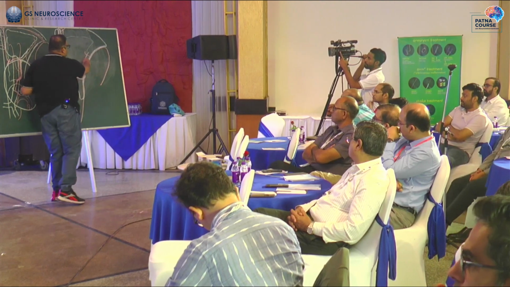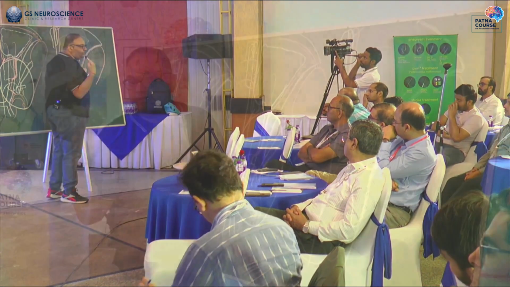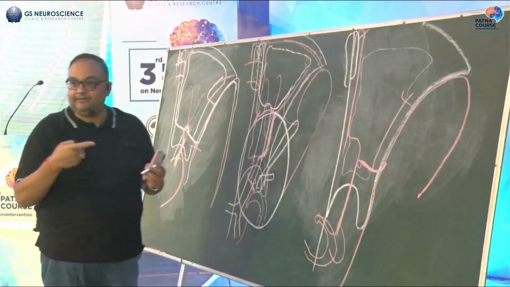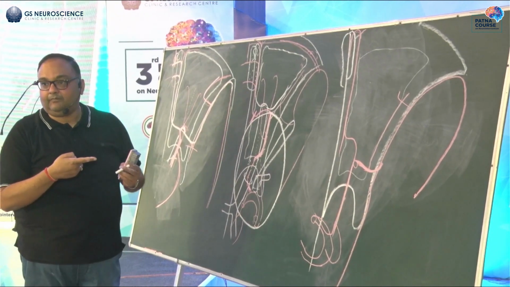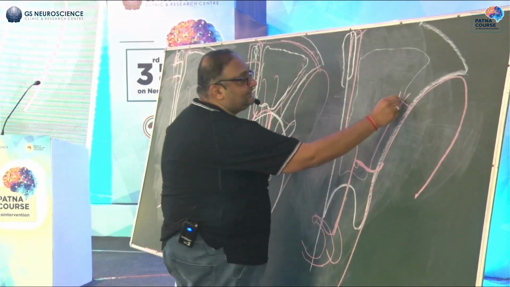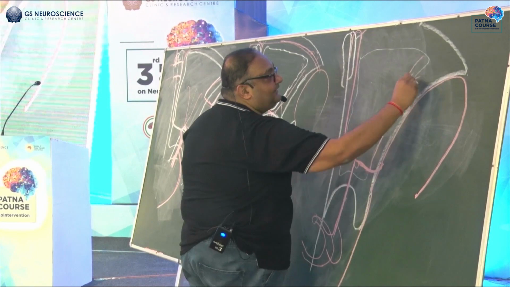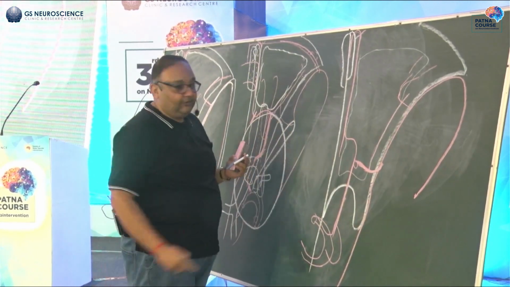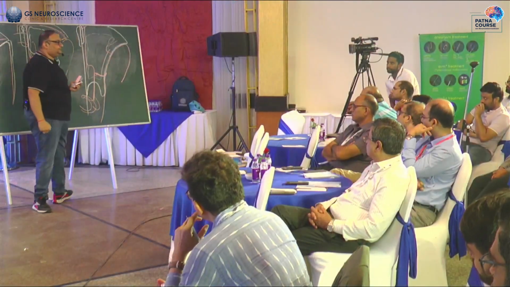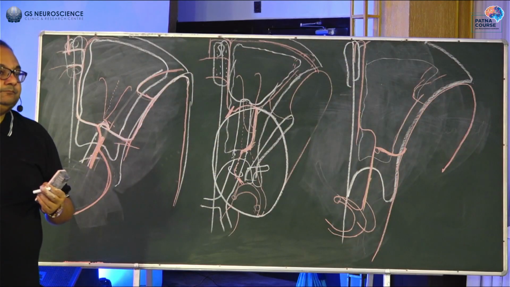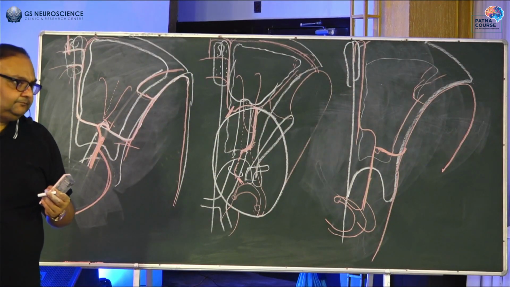This is an exception. In fact, I'll show you a case of a middle meningeal artery embolization where this was the case, in which you were seeing some orbital supply, but it was only the lacrimal, because the ophthalmic was coming from somewhere else.